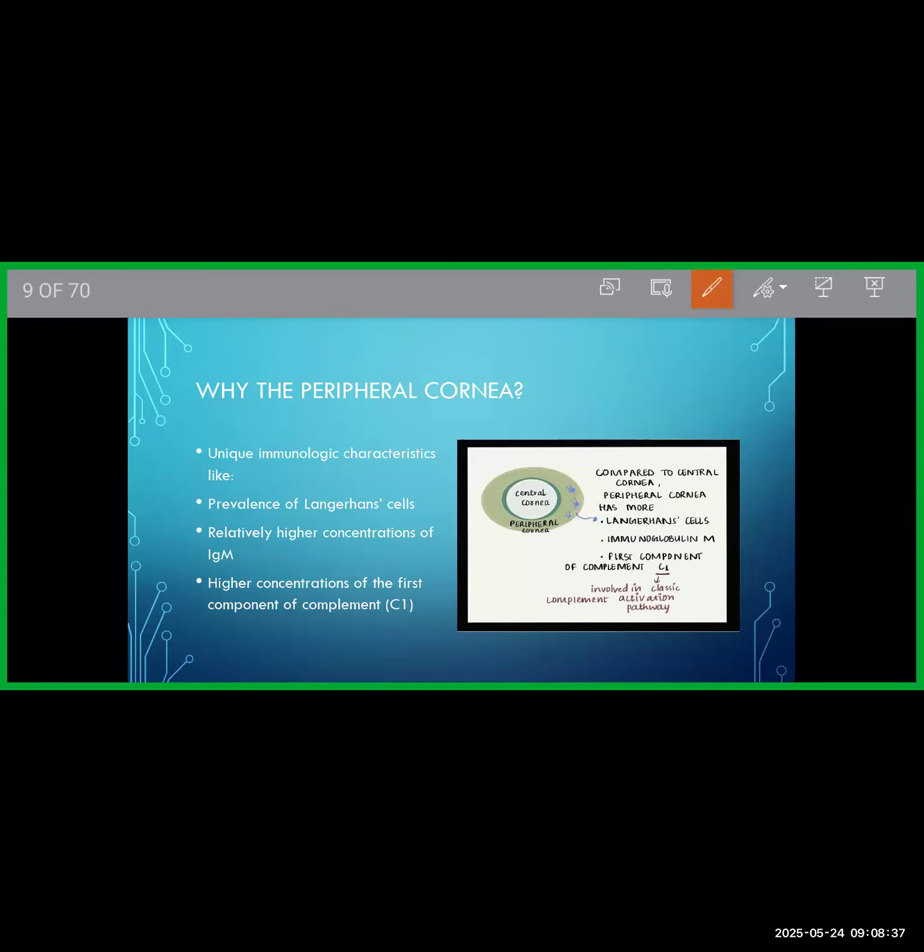Then the other reason is that the peripheral cornea has some unique immunological characteristics, such as a prevalence of Langerhans cells around the peripheral cornea. There is also a relatively higher concentration of IgM at the peripheral cornea. Also, the peripheral cornea has a higher concentration of the first complement, that is C1.